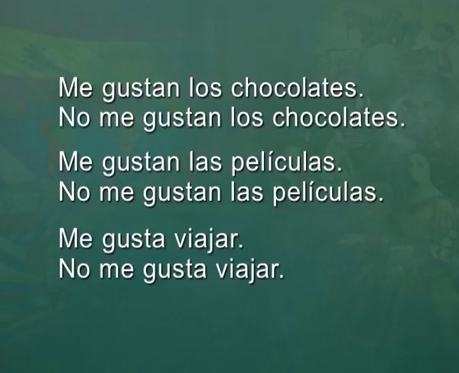Ojo, that is, be careful. We learnt a new thing. Ojo, the no for negation has to come before the object pronoun. So, we say no me gusta viajar. Normally, we put the no before the verb. That is, hablo, no hablo. I speak, I don't speak.